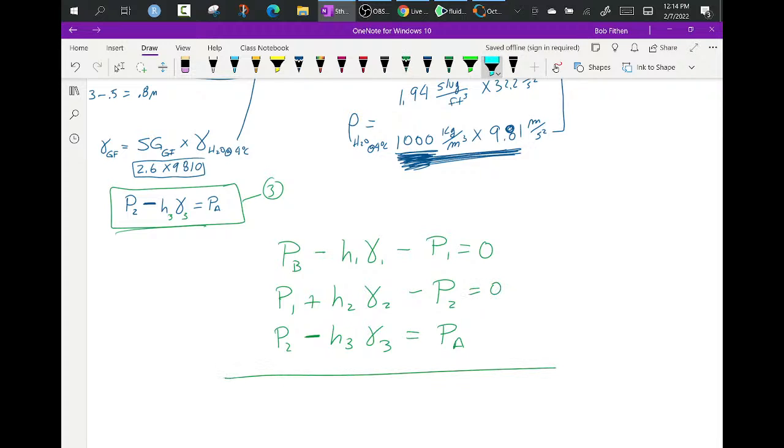First thing you find out is this thing cancels that one, and this thing cancels that one. So what happened here is I could take this in one fell swoop. In other words, I could go down all the way to A. I started at B, I went up H1 through gamma 1, then I went down H2 through gamma 2, then I went back up H3 times gamma 3, and I arrived at PA.